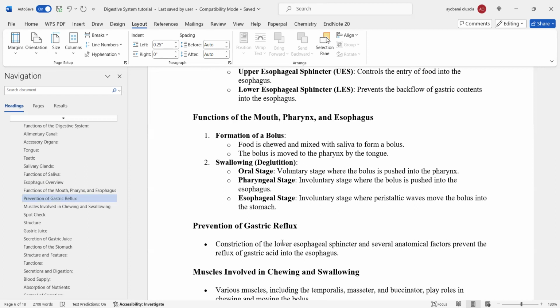So if the content of the stomach moves back into the esophagus, we have gastric reflux or gastroesophageal reflux disease, which can cause heartburn. So the lower esophageal sphincter constricts or closes to prevent reflux of gastric acid.